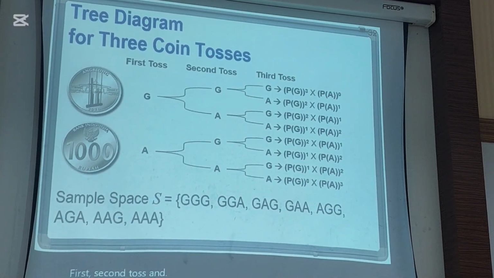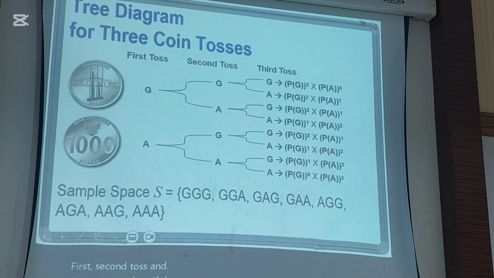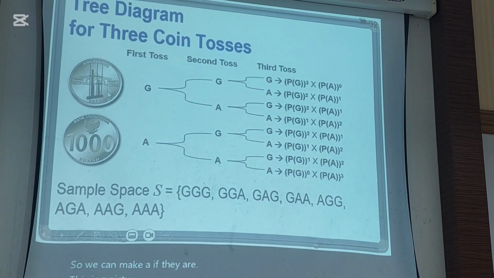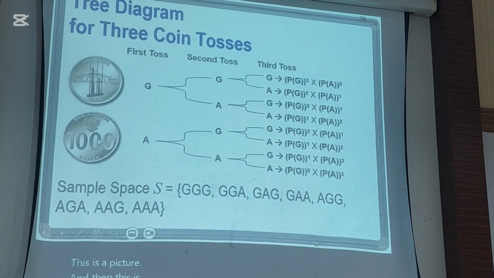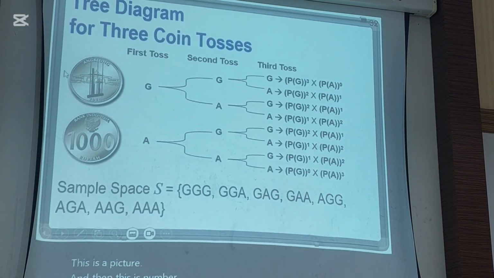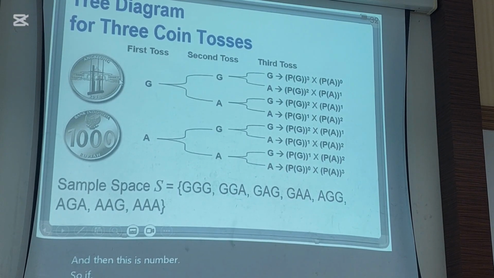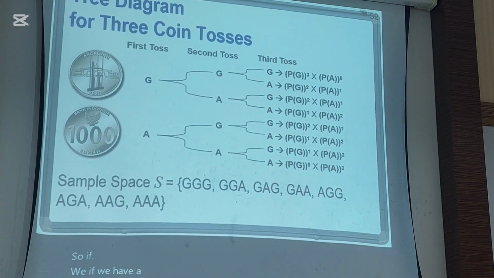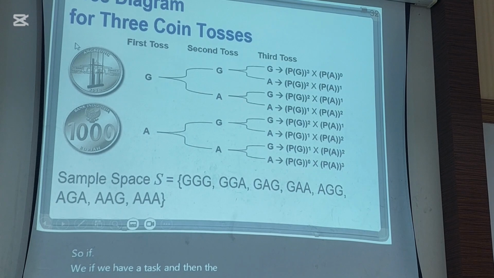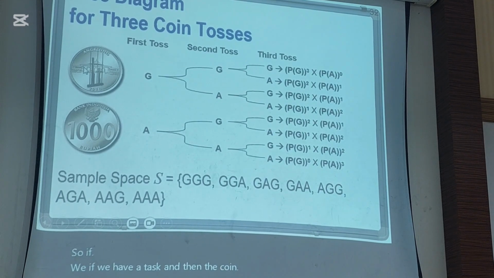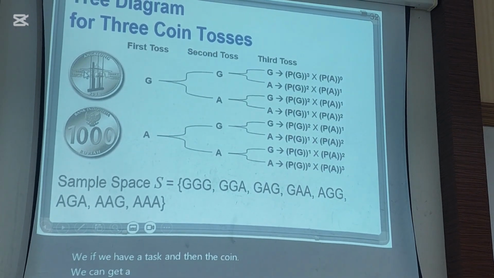This is picture and this is number. So if we toss the coin, we can get a picture.